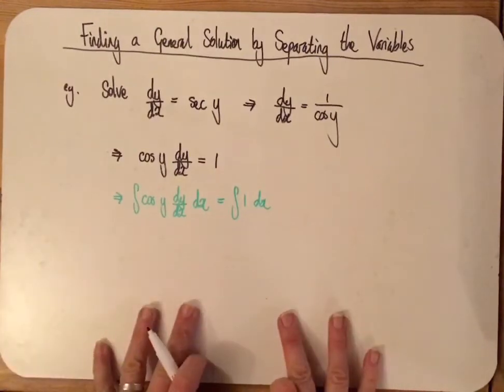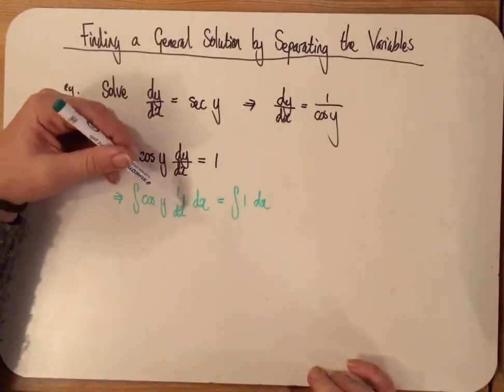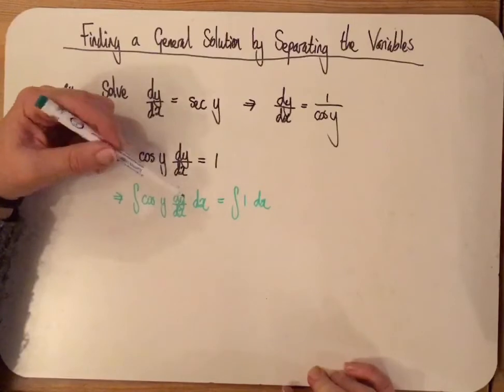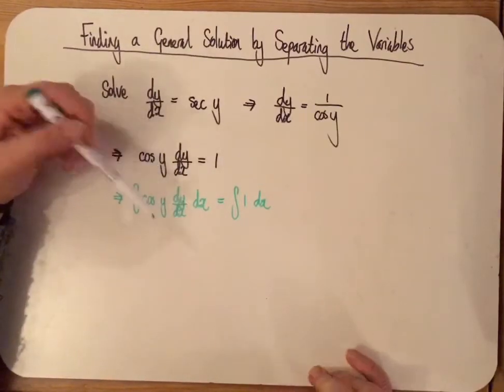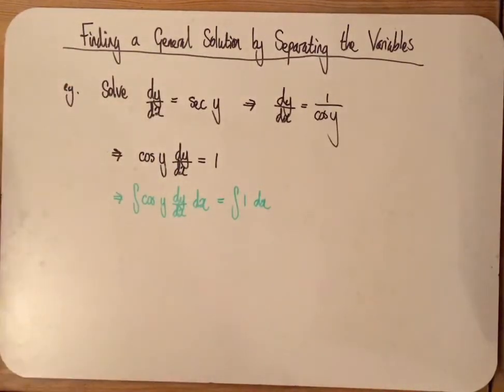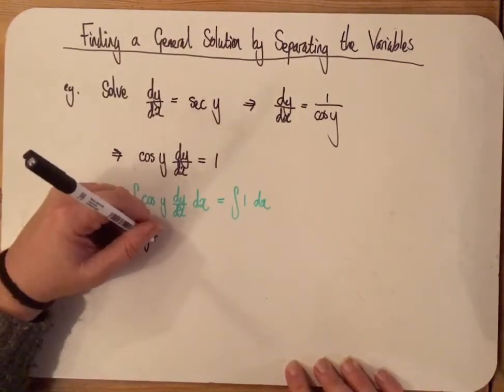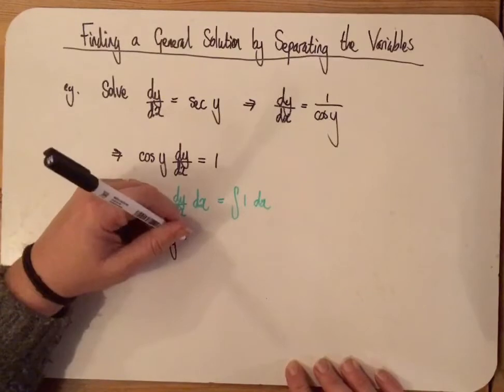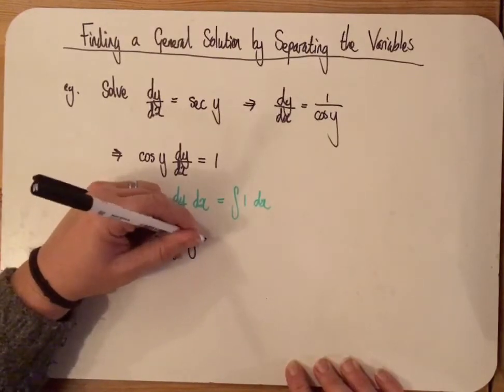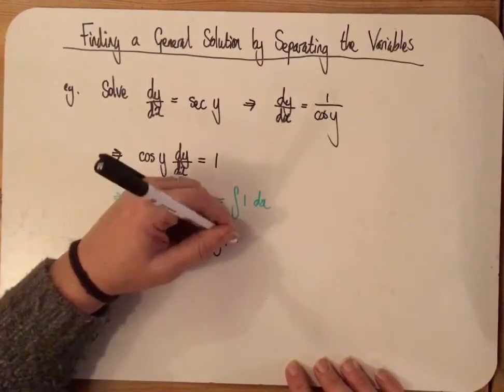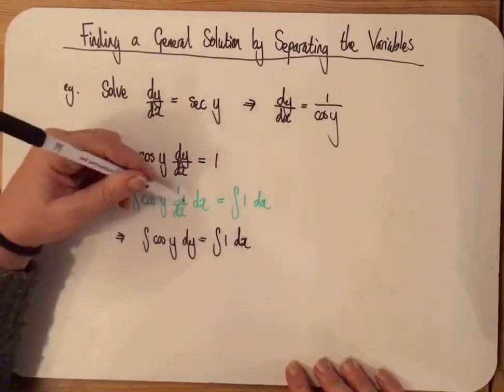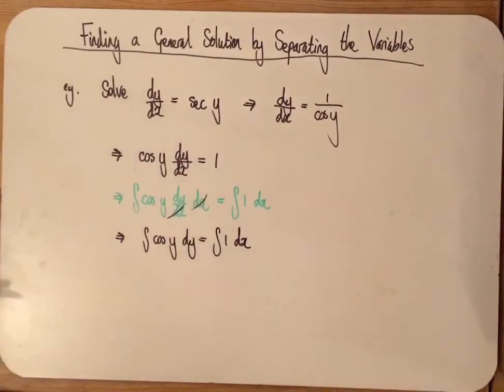I'm doing the same thing to both sides, but these dx's cancel off. So the rates of change, they behave like fractions, and you're left with the integral of cos y dy equals the integral of 1 dx. So they're cancelling with each other.